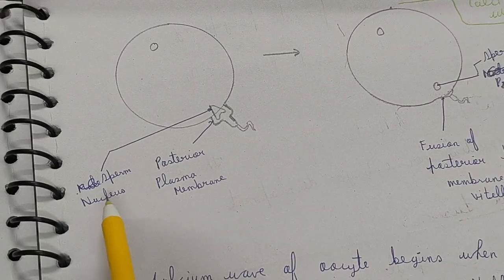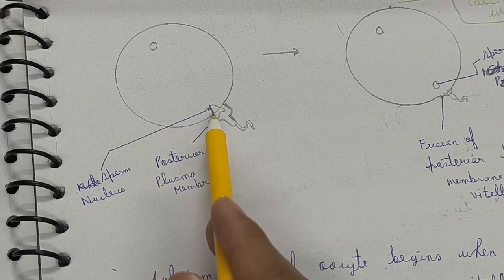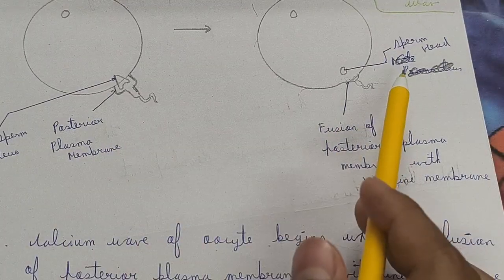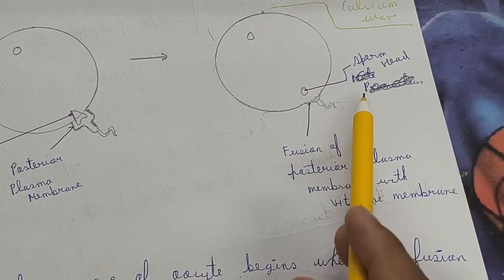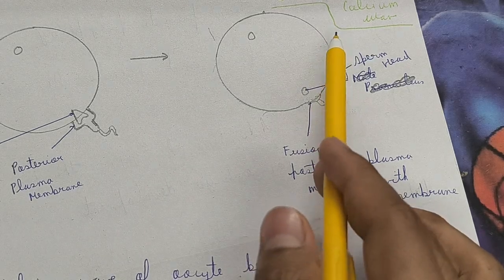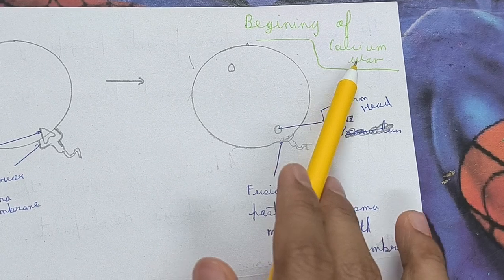Now you can see this is the sperm nucleus. It has not completely entered the ooplasm yet, but now the sperm head enters inside the ooplasm, and the beginning of the calcium wave, or cortical reaction, occurs.